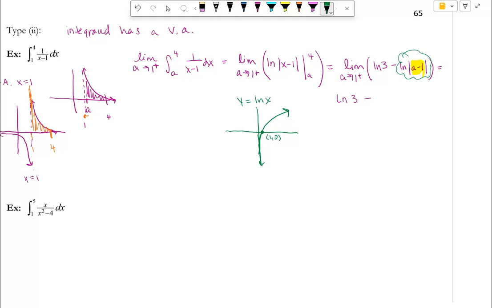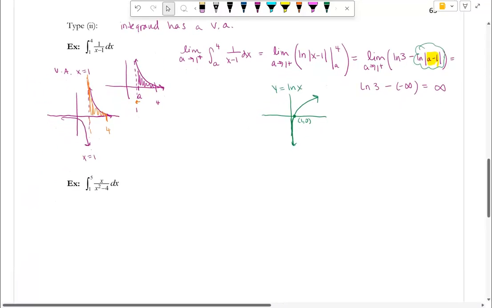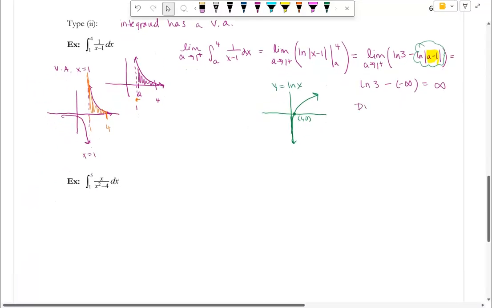Those y values are going to negative infinity. So I get ln of 3 minus negative infinity, which is the same as ln of 3 plus infinity, which is just positive infinity. So all of that work to find out that this diverges.